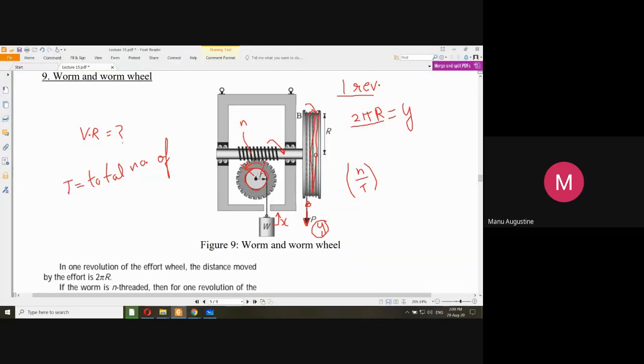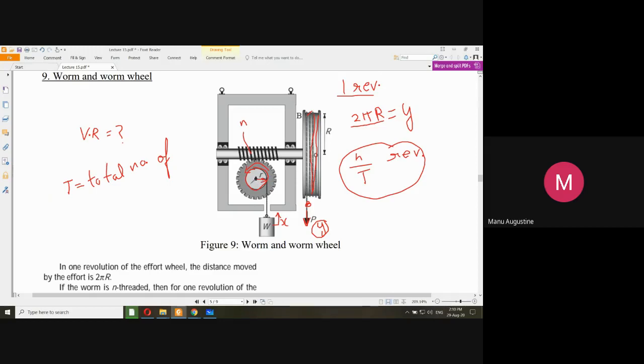So what I'm saying is, when this gear rotates by n by t revolutions, how many revolutions would have been completed by the disc attached to it? Since this is forced to move along with the gear only, this will also move by n by t revolutions.